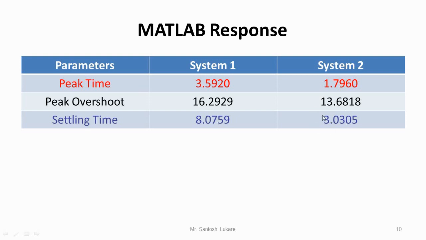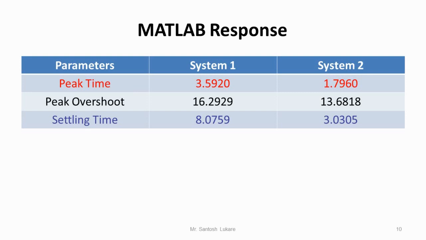This red color plot is for the system with added 0. The peak time for the first system is 3.59 seconds. For the second system, it is just 1.7960 seconds.